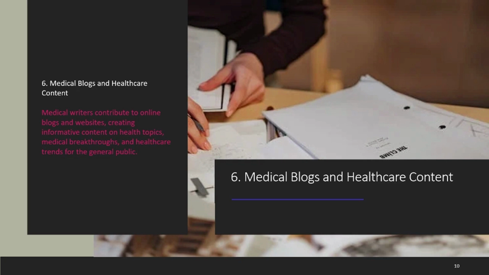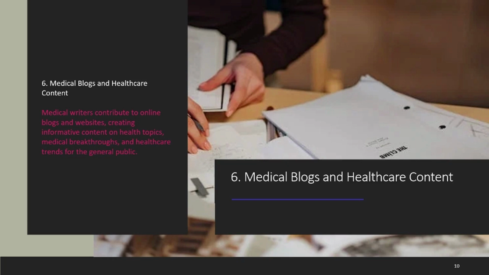Also, you can help organizations. For example, if there is a hospital and they have just started off and they want really great content on their website which contains medical blogs, which is actually telling the patients that they are doing this kind of a very good treatment.